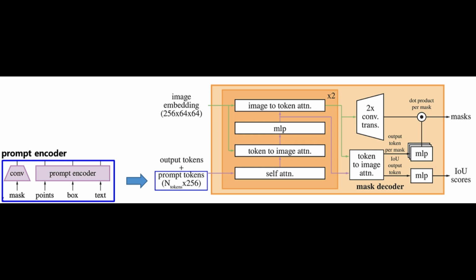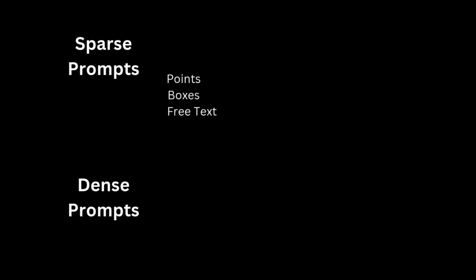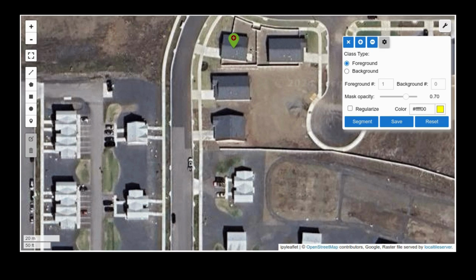So there are two kinds of prompts: sparse prompts and dense prompts. Sparse prompts are your points and boxes. It could also be your free-form text, and dense prompts are your masks. So the encoding for those is different. Points and boxes use positional encoding. What it does is basically find the location of the point, and the embeddings learn to distinguish the background from the subject.